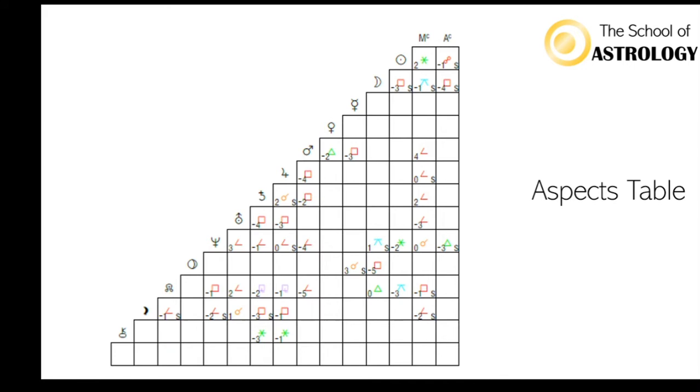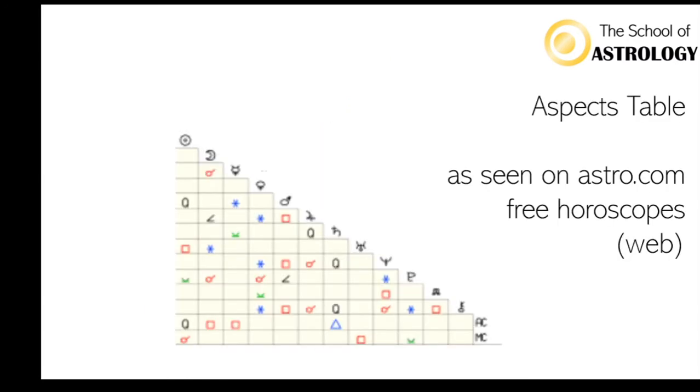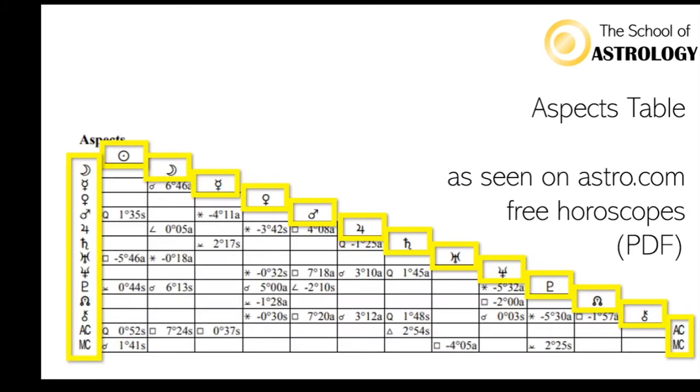So now, in what types and forms and shapes do the aspects tables come? Now here is one type of shape. Then you can also find it like this in a very low resolution on the generic charts on Astro.com.